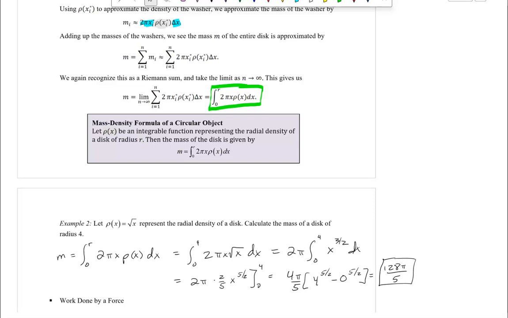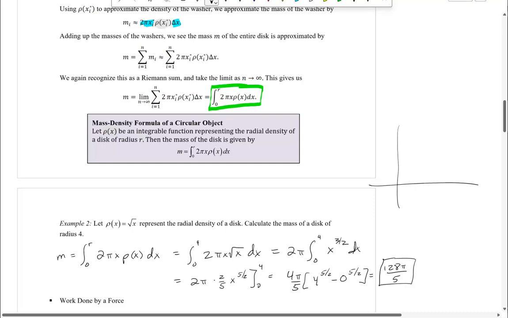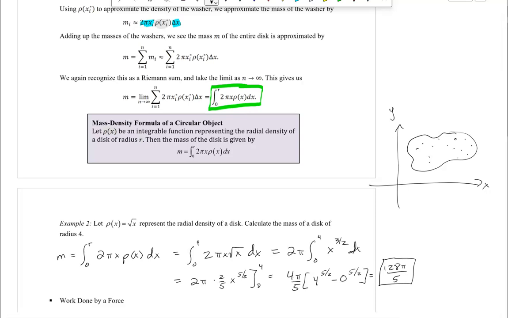The density will change as x changes and y changes along that plate, right? If this was the plate, here's your x, here's your y, and at each point you're getting a different density dependent on changes in x and changes in y. We need more than one variable calculus to deal with that, and that is something that gets dealt with in a multivariable calculus class. So we're laying the groundwork for that moving forward.